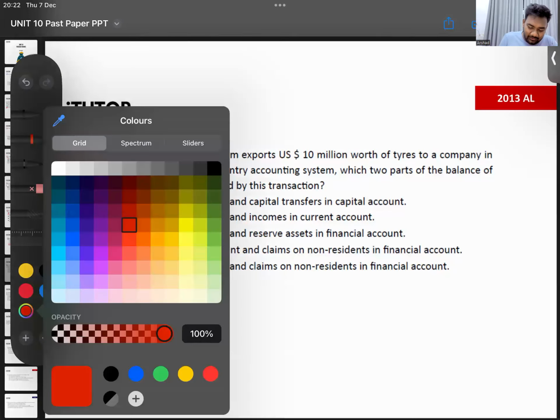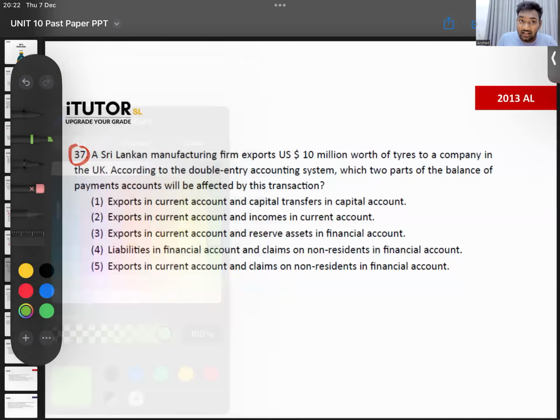First, what do we look at? First thing, is Sri Lanka getting money or paying money? A Sri Lankan manufacturing firm exports 10 million worth of tires to a company in the UK. Are we getting or paying? Sri Lanka is getting money.